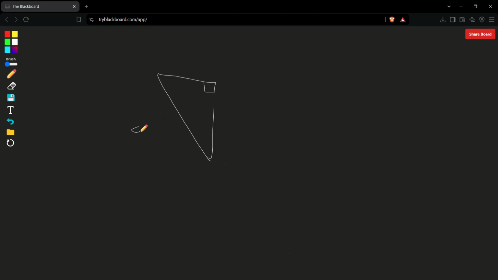This would be the hypotenuse, the c value, and this would be a. Let's say we have negative 6 for a, and b would be negative 8. What would be the value of our hypotenuse? This would be negative because we're in quadrant 3.